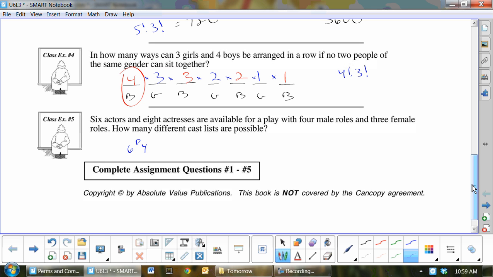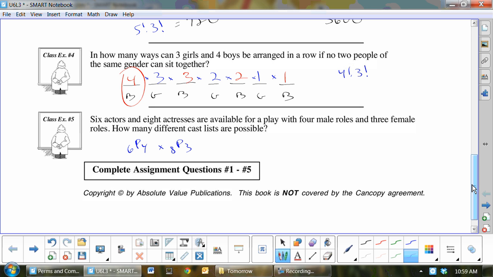Or and 3? It's and, not or. Okay, and then 8P3. So it's 6 possible males, I'm picking 4, and 8 females to pick from, I'm picking 3.